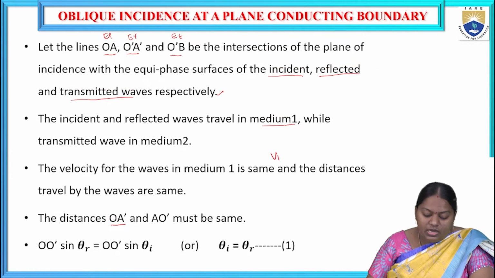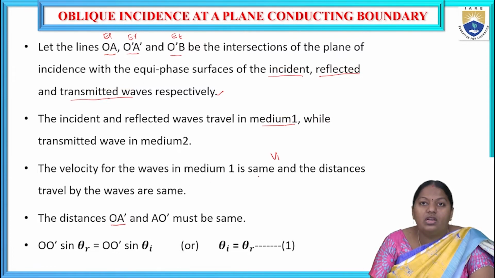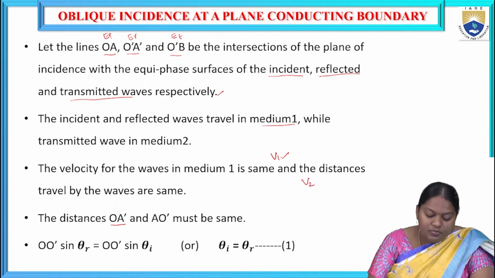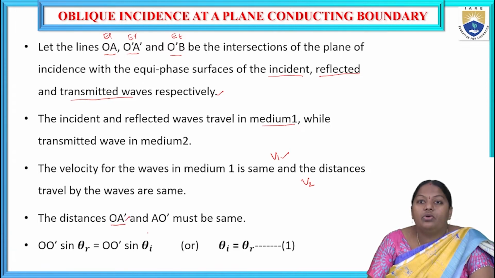So if the velocities of the waves in medium 1 are the same, we will consider it as V1, and in medium 2 the velocity we represent with V2. The distances given by those two are the same, right? Those two distances are represented with OA dash and AO dash.